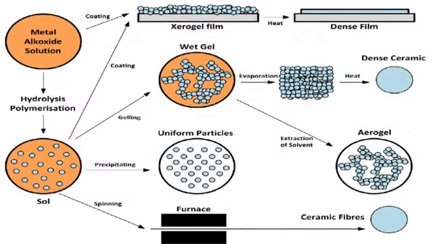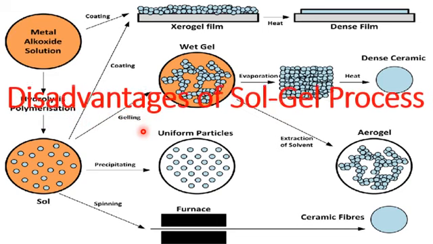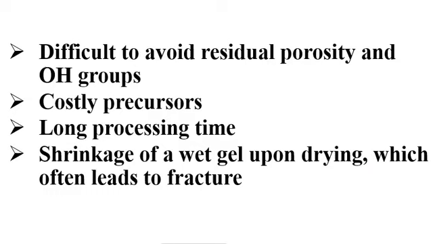Dear students, in this lecture I will briefly explain a few disadvantages of the sol gel process. One very important disadvantage is the difficulty of avoiding residual porosity and OH groups.